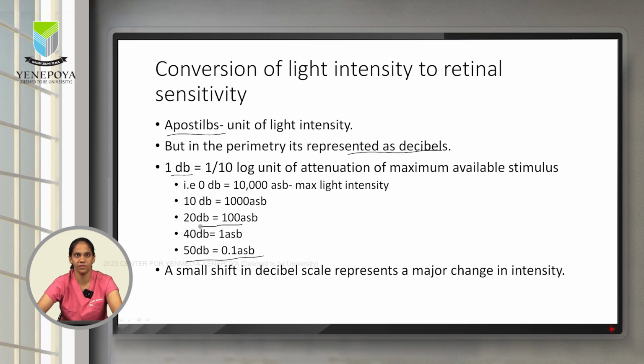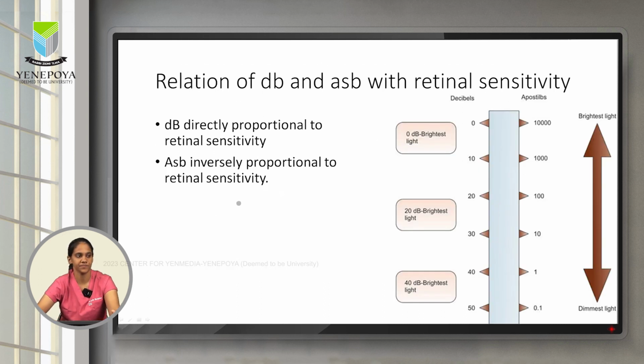If you remember what I said, this point is the minimum stimulus that can be projected by a Humphrey, and this is the maximum intensity that can be provided by a Humphrey. You see that there is an inverse relationship. What do I mean by that? Your decibel is directly proportional to retinal sensitivity.